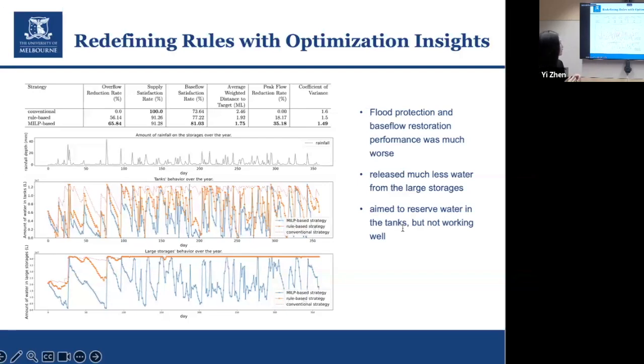We can see that it released much less water from the large storages to control the flow compared to the optimization-based strategy. And also, although we're trying to reserve water in the tanks for household use, the pre-storm release from the tanks is performed regardless of the current tank level. So this also limits our ability to improve the supply satisfaction rate.